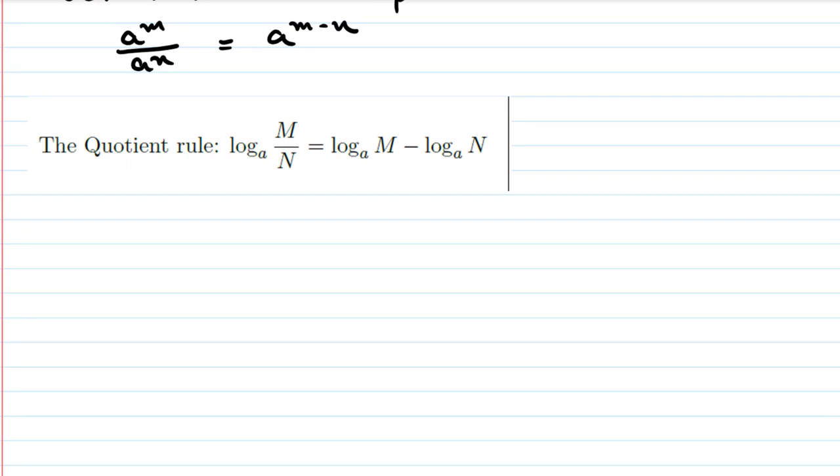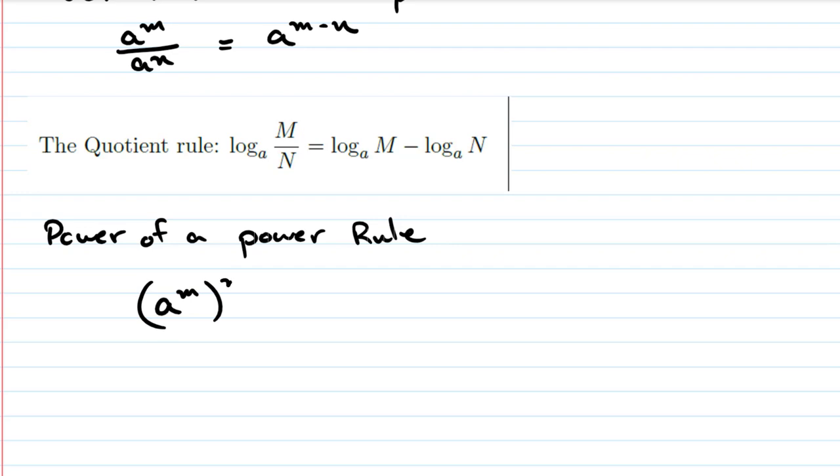The next rule we want to talk about is the power of a power rule. Our power of a power rule says if I have a to the m raised to the nth power, then this is the same as a to the m times n.